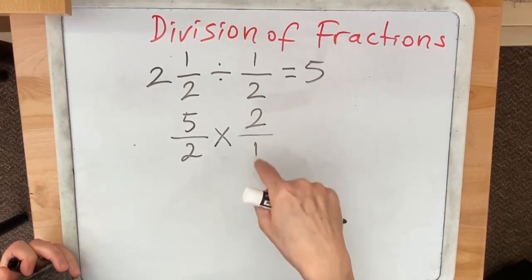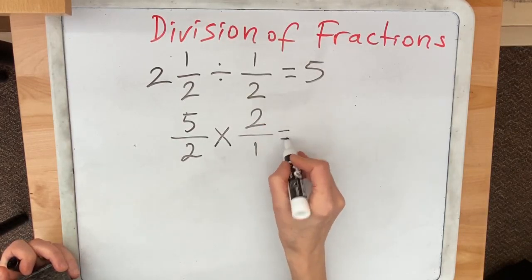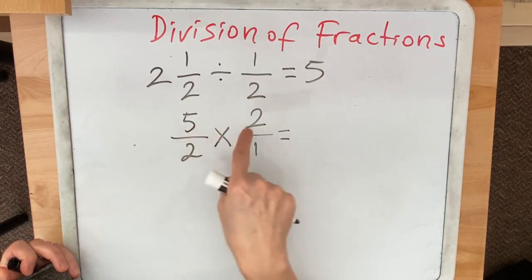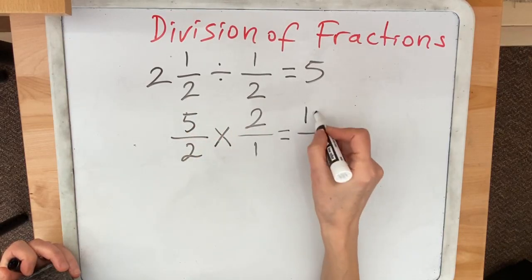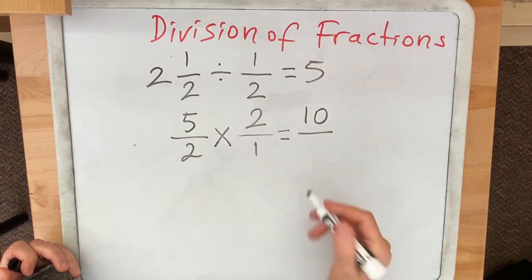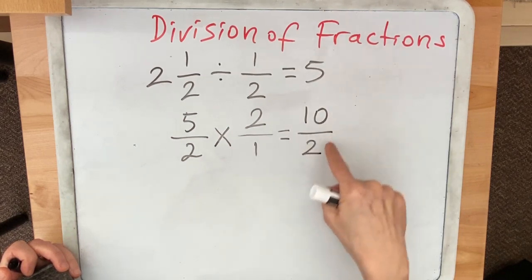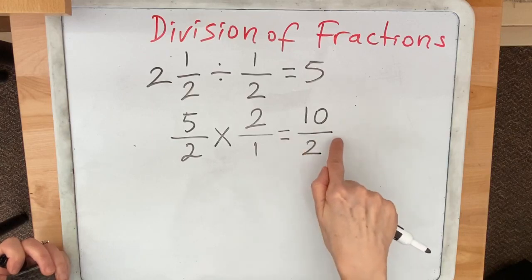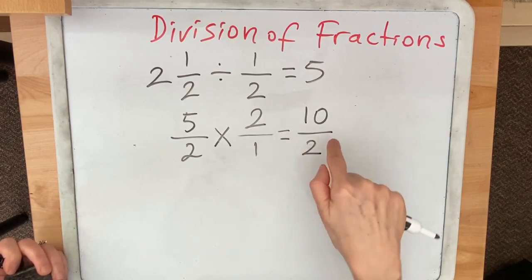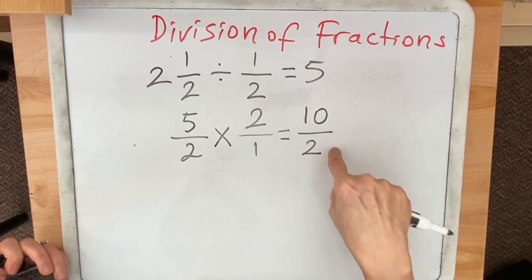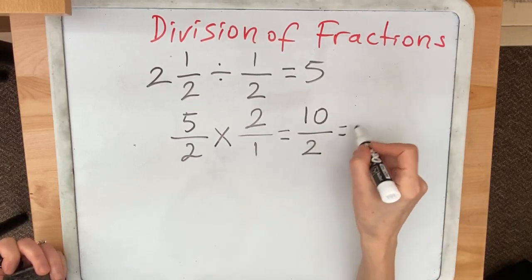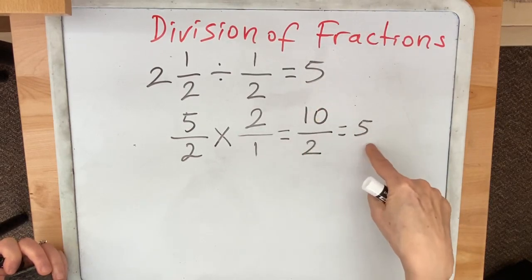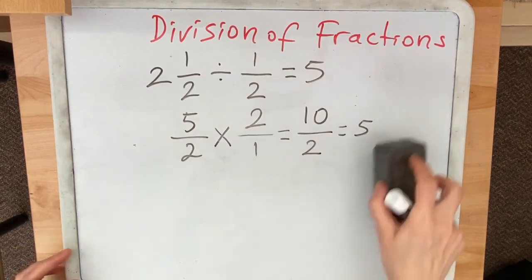So it becomes 2 over 1. And now let's multiply across. 5 times 2 is 10. 2 times 1 is 2. Now remember, a fraction bar is also a division sign. So 10 divided by 2 is 5. So here I get the same answer both ways.